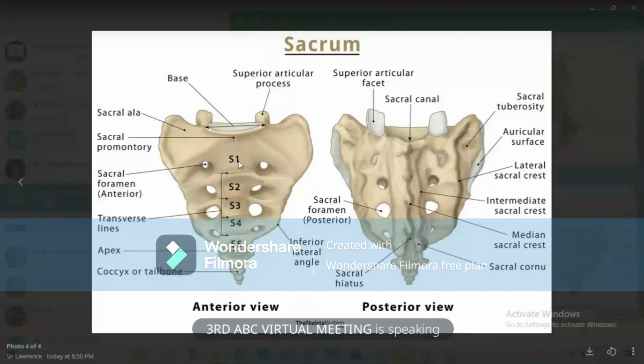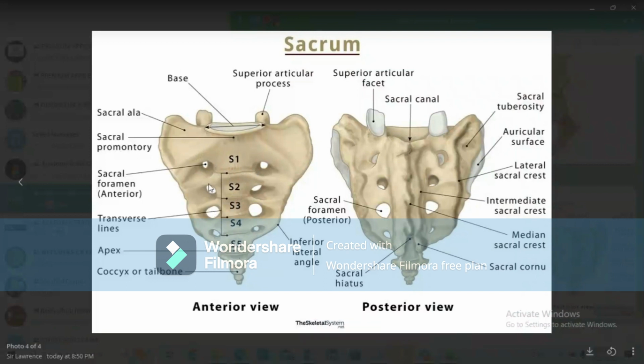Remember that vertebrae usually are joined by the intervertebral disc, right? But this forms a remnant. The intervertebral disc between adjacent sacral vertebrae forms a remnant, and that will form what we call this transverse line. So this transverse line is formed by that remnant intervertebral disc.